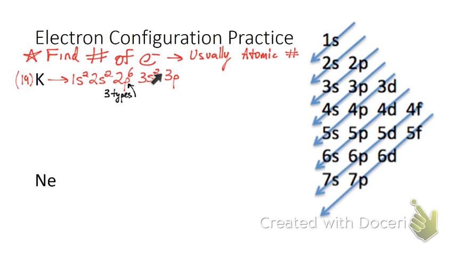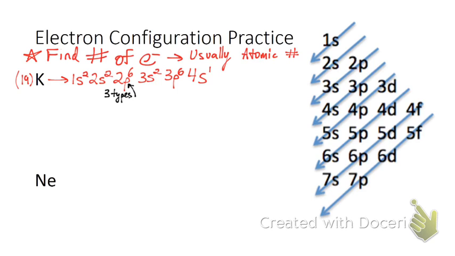Plus 2 is 12. I have 7 electrons left, so I can fill this up with 6. And then my last one is 4s. Oh, it's in column 1, so that last number has to be 1. I have 1 electron there. That's it. I'm done. That's my electron configuration for potassium.